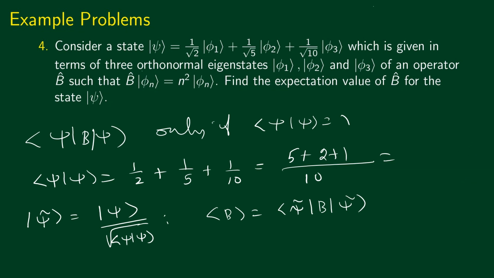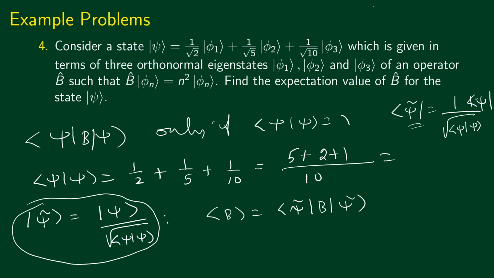This means that bra psi tilde is equal to 1 by the square root of bra psi ket psi, which is a real number, multiplied by bra psi. This is the corresponding bra.